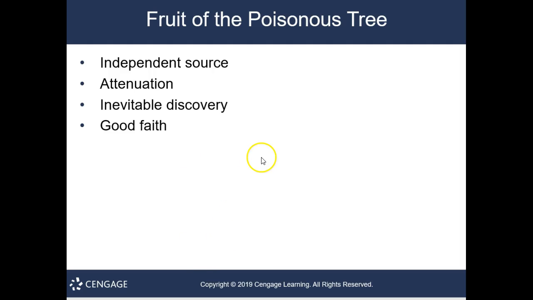All right, there are several doctrines that have mitigated the sort of absolute rule of the fruit of the poisonous tree. Sometimes things happen in a certain way so that the exclusionary rule no longer acts as a deterrent against police, and when that happens, the courts will refuse to find the evidence illegal and exclude it from the trial.